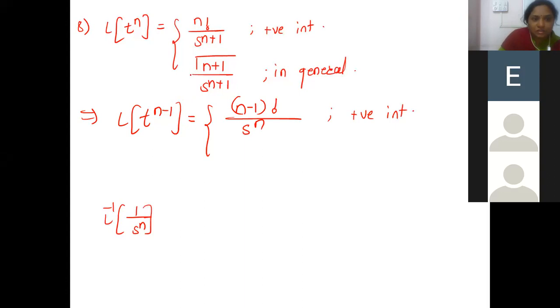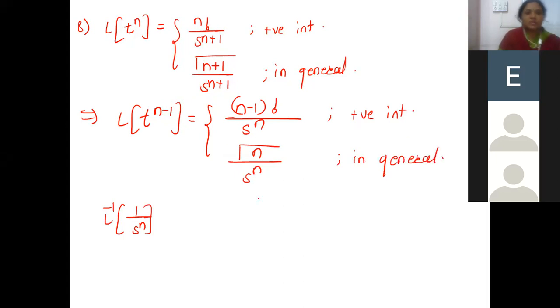And it is gamma n, n is now n minus 1, so n minus 1 plus 1, gamma n upon s raised to n minus 1 plus 1, s raised to n in general. त्याच फॉर्म्युलाला मी फक्त अपॉन s रेस टू n येईल असं केलंय म्हणजे मी n ला n minus 1 केला. दॅट्स इट सगळीकडे.